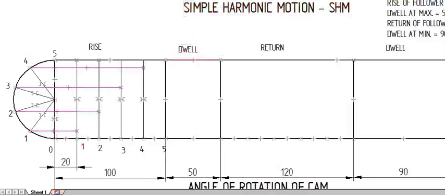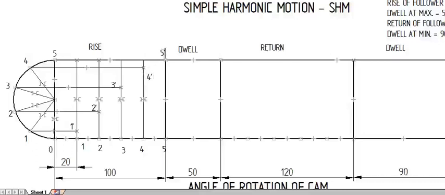Now number these intersection points as dash points. This will be 1 dash, this will be 2 dash, this will be 3 dash, this will be 4 dash, and the last one will be 5 dash.